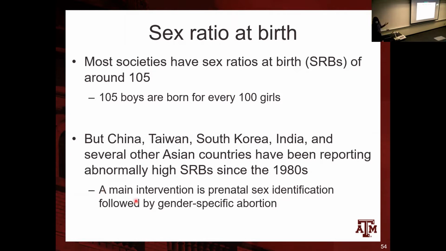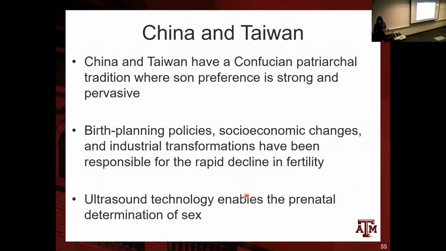So the main intervention is prenatal sex identification, followed by gender-specific abortion. And that makes this biological norm of 105 not be observed in these countries. For these countries, the sex ratio at birth is higher than 105, right?